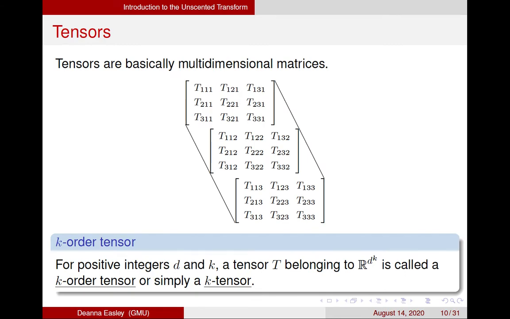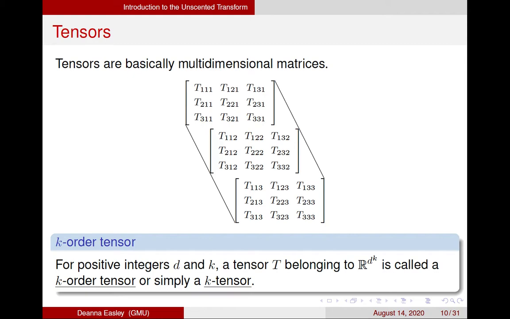Now, we're trying to consider the higher order moments, namely the skewness and kurtosis, which are tensors. So what are tensors? Tensors are basically multidimensional matrices. A tensor is said to have order k, in which case we call it a k-tensor, if it belongs to R to the d to the k.